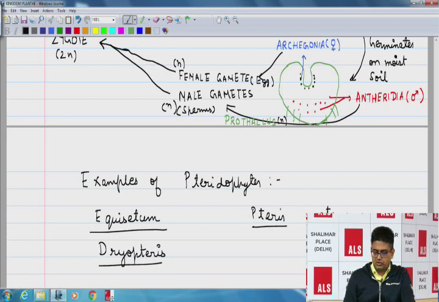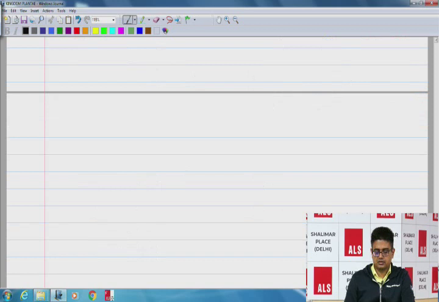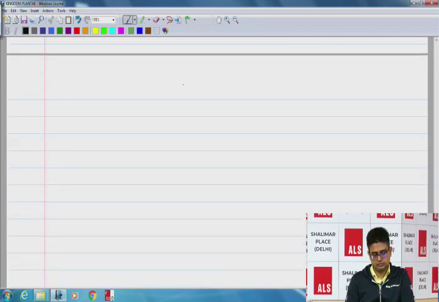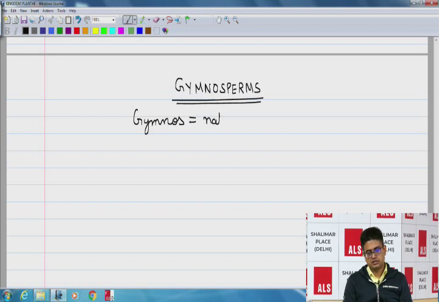Alright, so let's move on to the last plant group that is there. Let's write about gymnosperms. Gymnos means naked, sperma means seed.